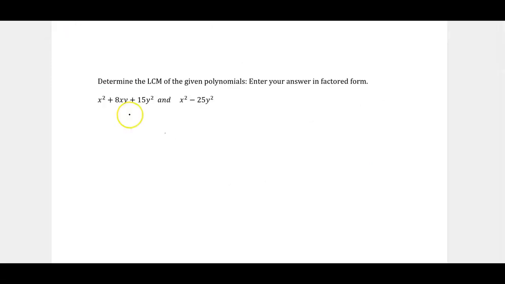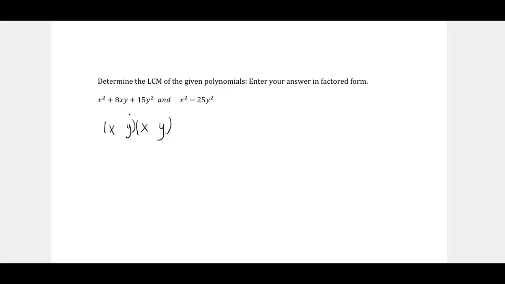Determine the least common multiple of the given polynomials. First, with this question, both polynomials must be factored. So for x squared plus 8x plus 15y squared, we will factor.